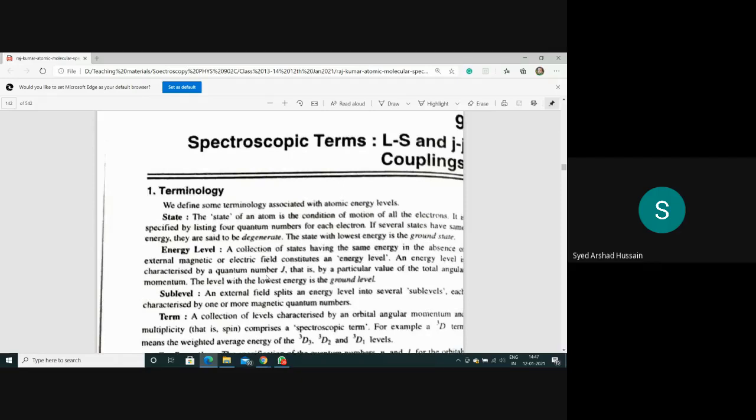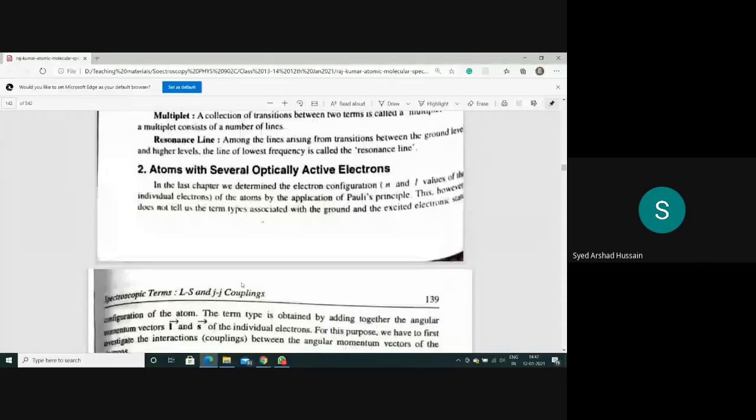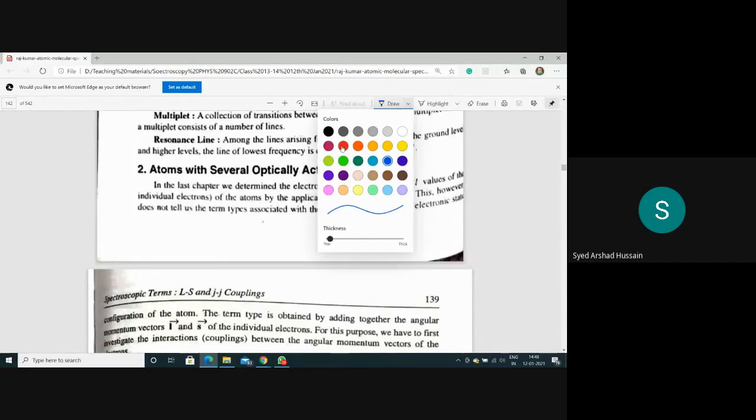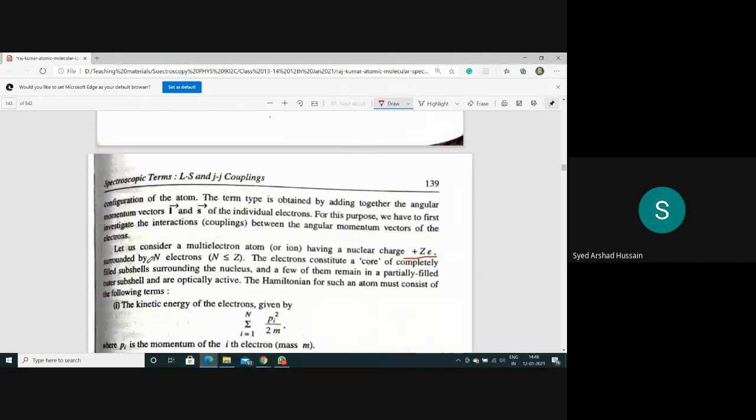So let us consider a case where an atom has a nucleus of charge, say, plus Ze, and there exist capital N number of electrons surrounding the nucleus, and N may be equal to Z or less.